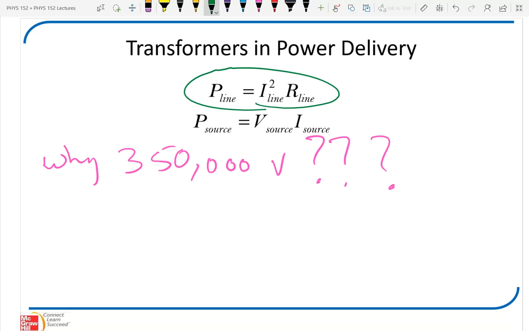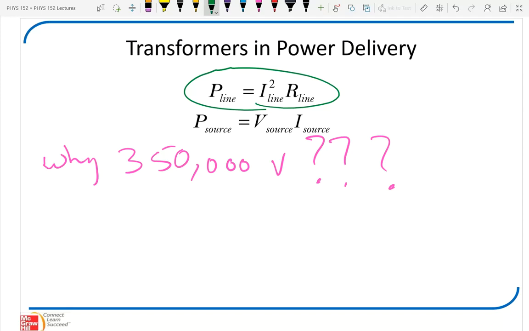I want to decrease the current, but I still need to deliver a power, a certain voltage times current at the end. So I want to deliver a lot of power, but with low current. Well, how can I deliver a large power, a VI, with a low current? I boost the voltage way up.